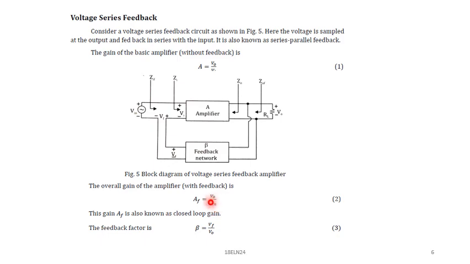And the Vin, I write in terms of the feedback voltage and this Vi. The Vin is the voltage applied at this point, and this Vi will be written as Vin minus Vf.